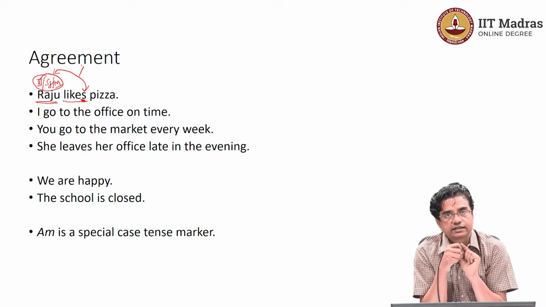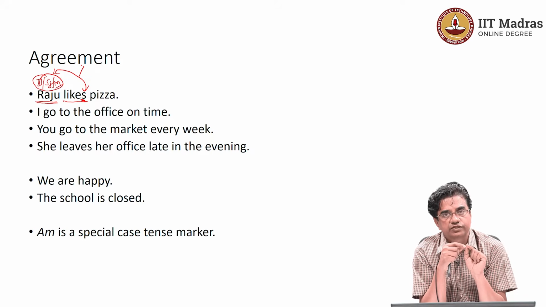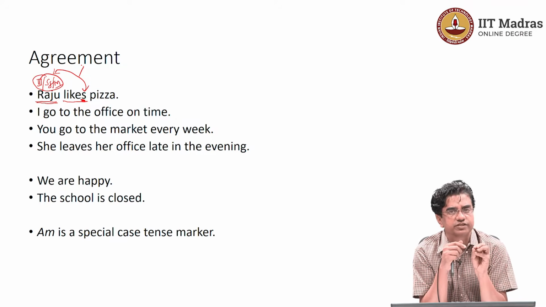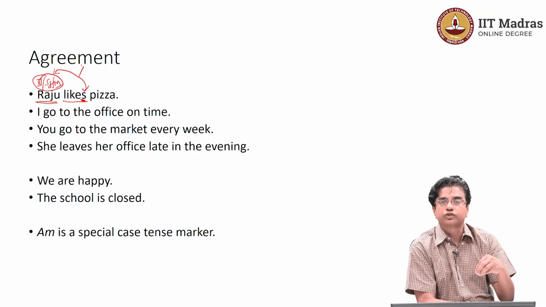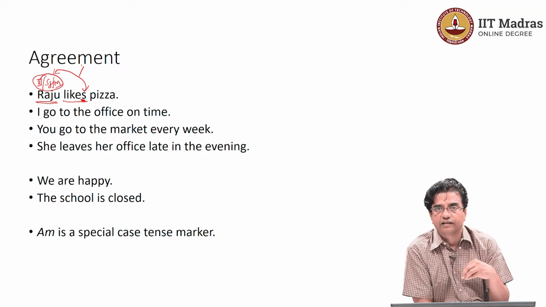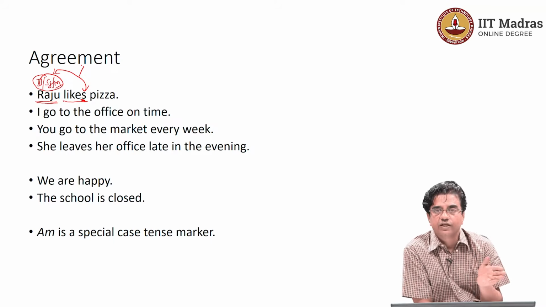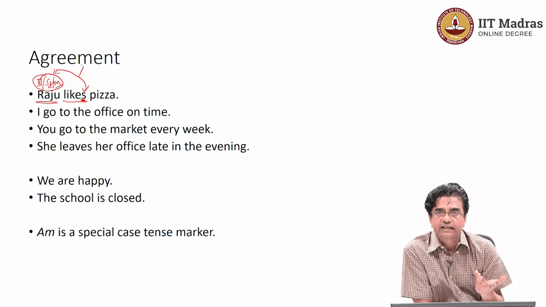What happens is, the certain features of nouns in the subject position or whatever appears in the subject position have to show up on the verb as well, and thus if they match, then the sentence is grammatical. If they don't, then the sentence is ungrammatical.